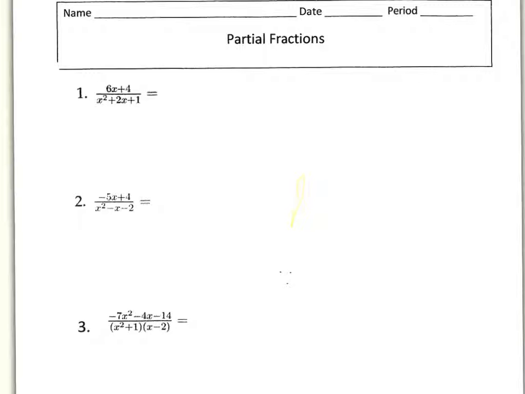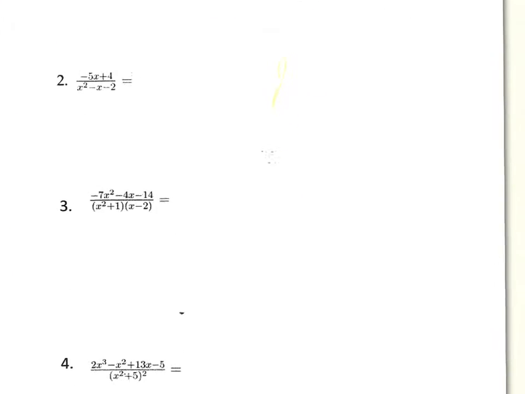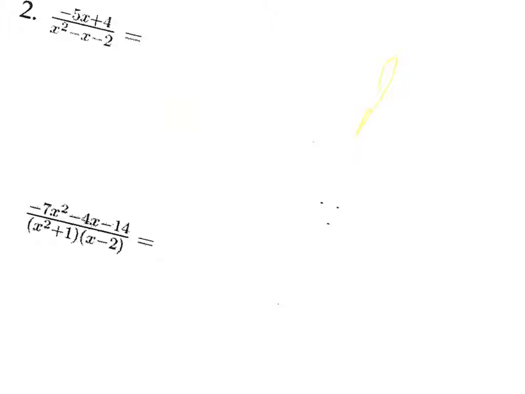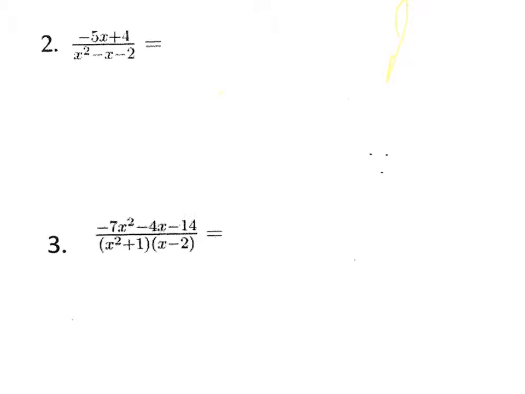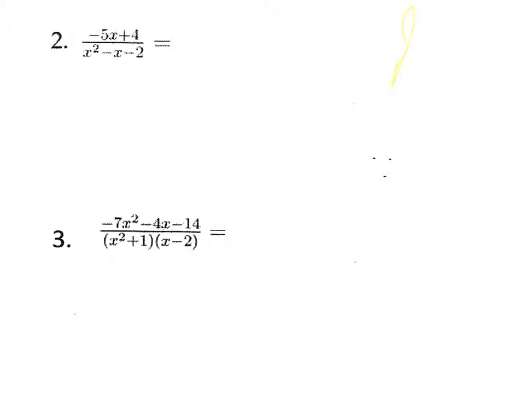So I'm actually going to start with number 2 on your note sheet. I'm just going to move this and make this a little bigger. And we're going to start with problem number 2. The first thing we want to do is factor the denominator. Sometimes they're even factored already, and they're very easy factoring.